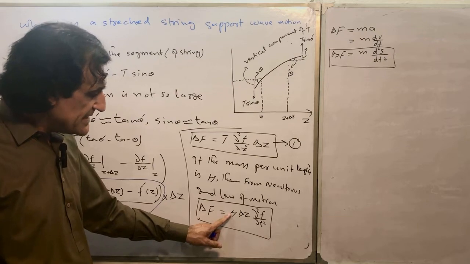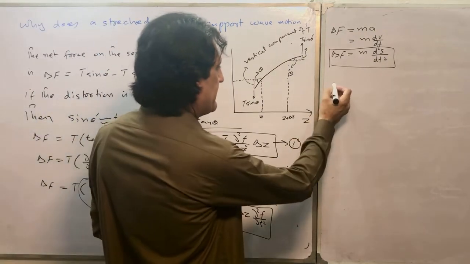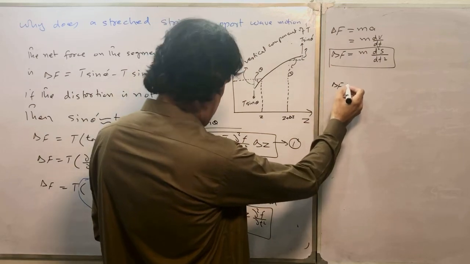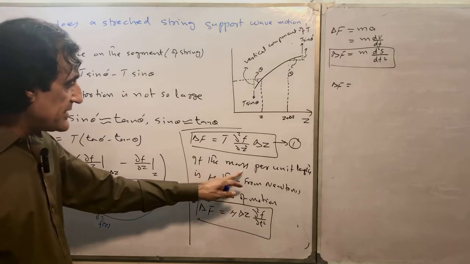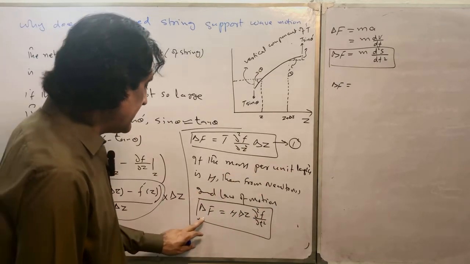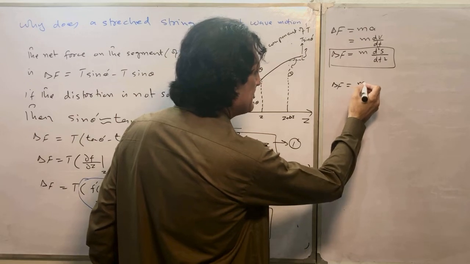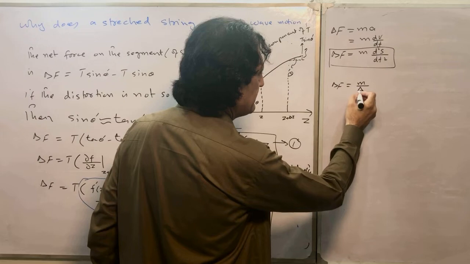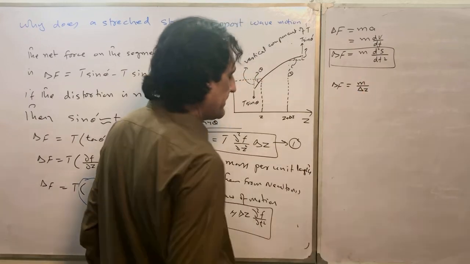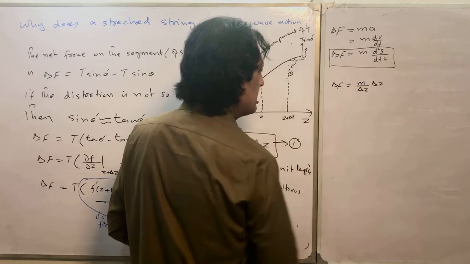Because this mu delta f is equal to mu, which I have defined. Mu is the mass per unit length, and let's suppose per unit length is delta z. And this delta z we have also.